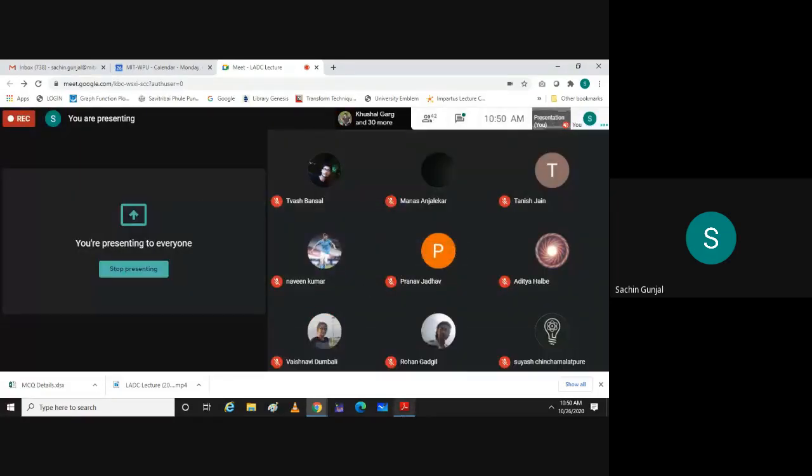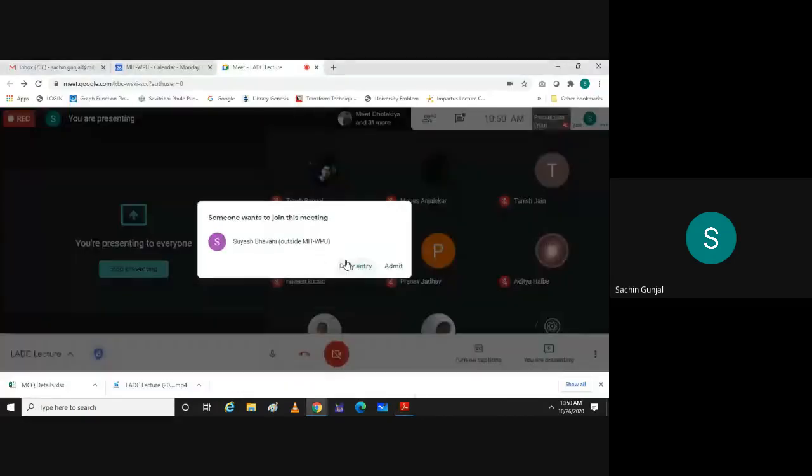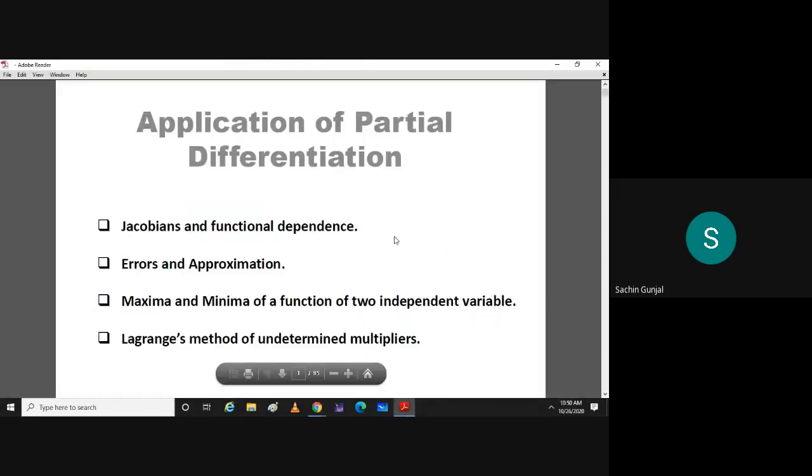Then I introduced the notion of Jacobian last time, which is part of the fourth module, that is application of partial differentiation.